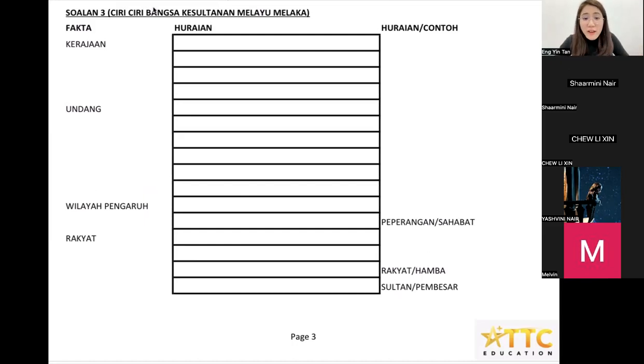So I give you guys time to try. Remember, just now I taught you the method. Recall back. What do you remember? Don't just copy. Quickly write down the key points for all of them. If you don't remember, okay, Kerajaan, you remember Ada Raja. Then you write. Okay, you don't remember, skip, jump. Time yourself. Challenge yourself. Go. Don't leave it hanging there, don't just waste your time there. Writing it, go and try.